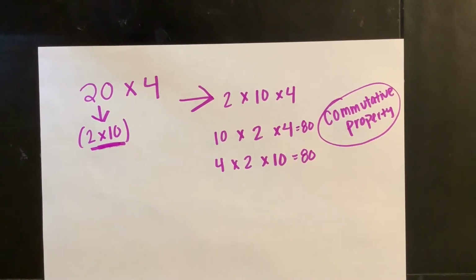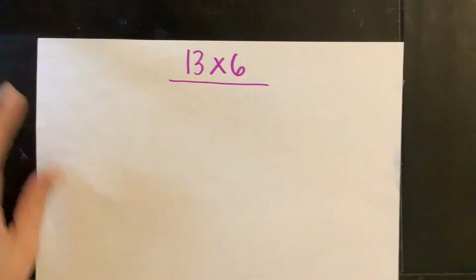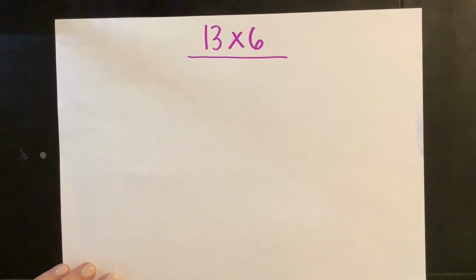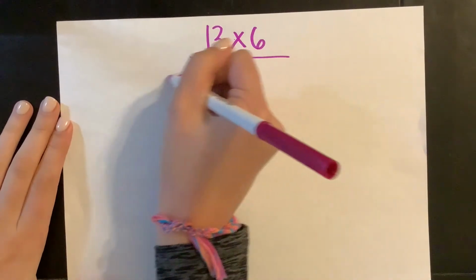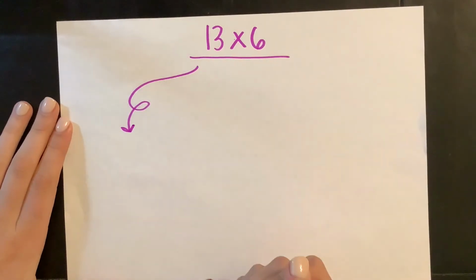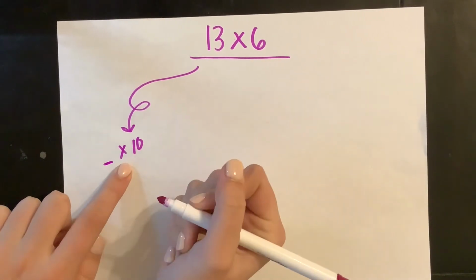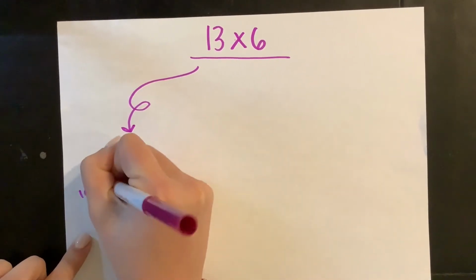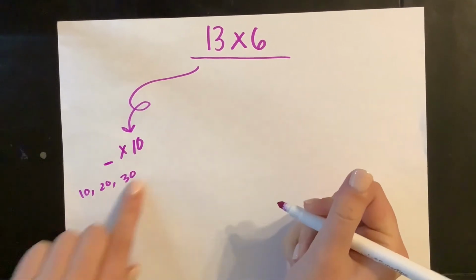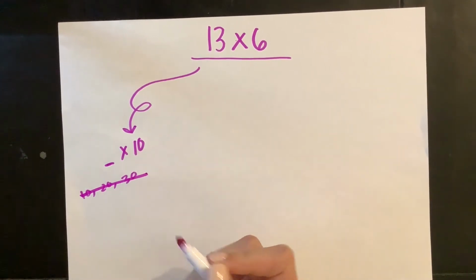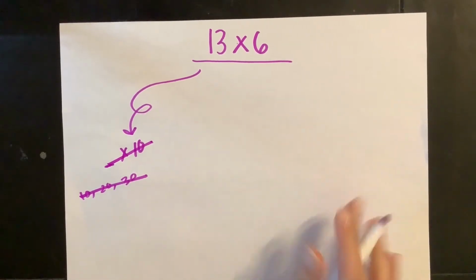And what if we get something that looks like this? 13 times 6. Well, I can't break 13 apart to do something times 10. We know that 13 isn't a multiple of 10. We have 10, 20, 30. We can keep going on and on and on, but nothing will ever equal 13. So this won't really work.